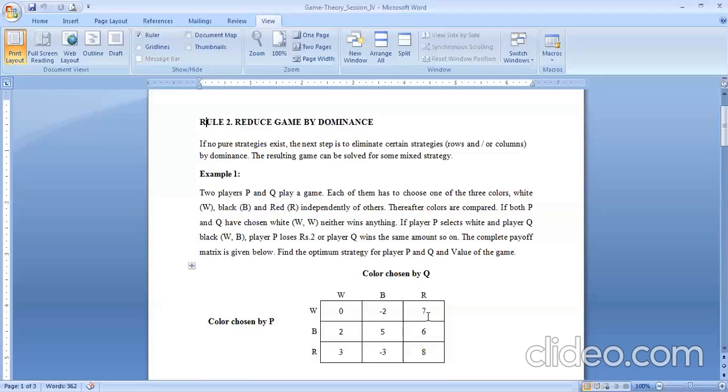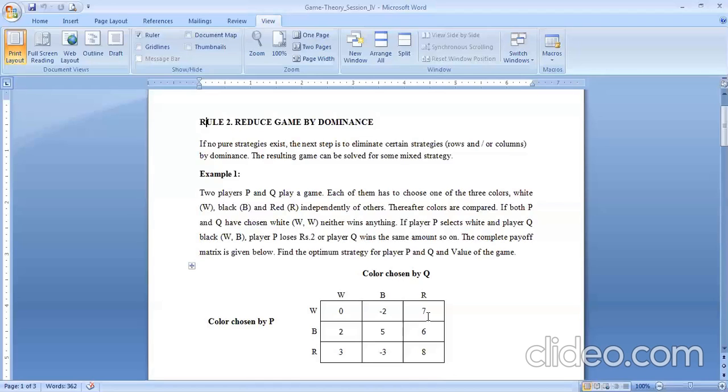Vice versa, when the columns are to be eliminated, as we know that the game is biased against player B, in such a case, player B wants to minimize his loss. That is why he wants to eliminate those columns or strategies which will make him lose more, meaning the superior columns he wants to eliminate.